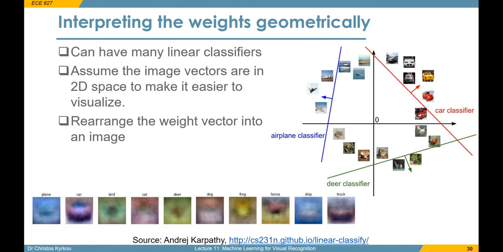Its weight has more of a blue color, so it responds well to images that have sheep, for example. Or the horse template, you can see that there are 2 different heads of the horse in opposite directions. So you can see that the vector W that is formed through the linear classifier has some meaning and some intuition behind it.